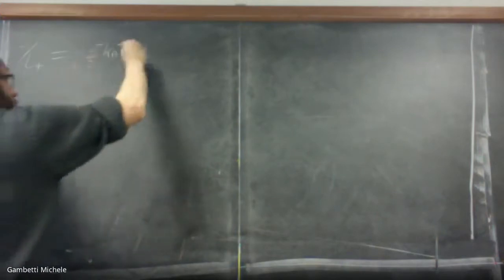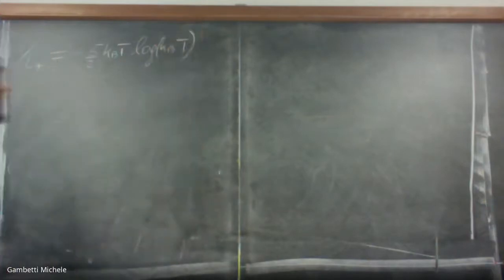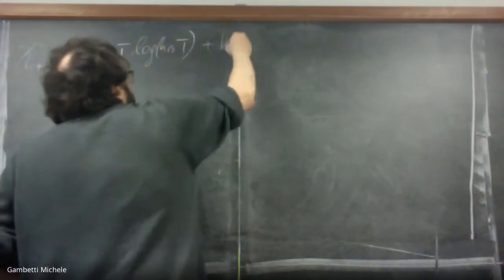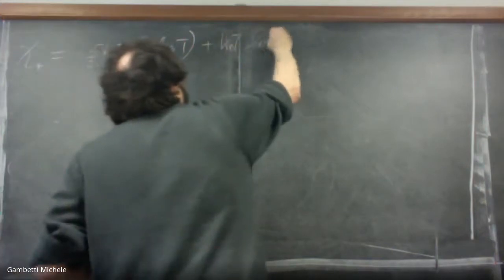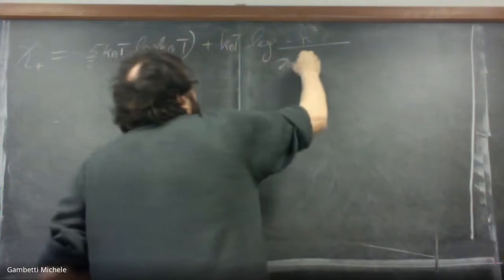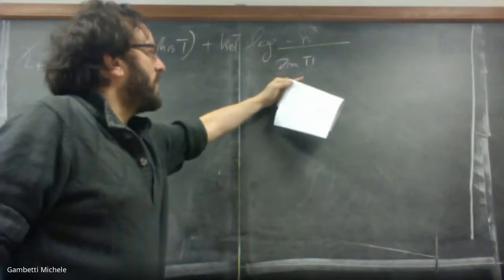I will have a similar quantity, K plus, with the same first term, the log of kBT, and then the second term contains kBT log of h cubed over 2 m pi, where now this m is different from the m that I had before.